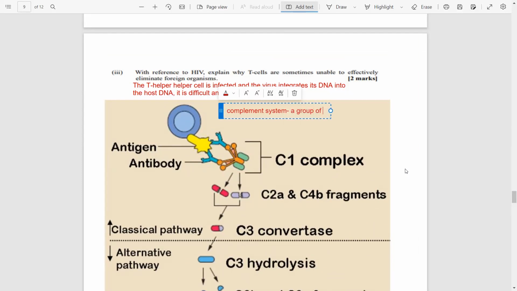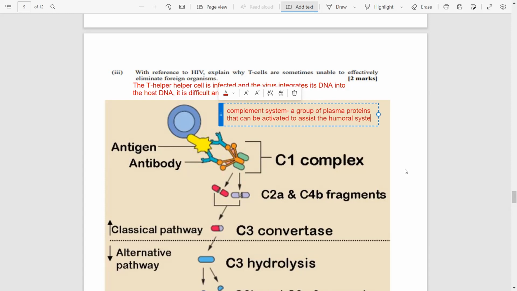A group of plasma proteins that can become activated to form, well, it can do many things. It can become activated to assist the humoral system.